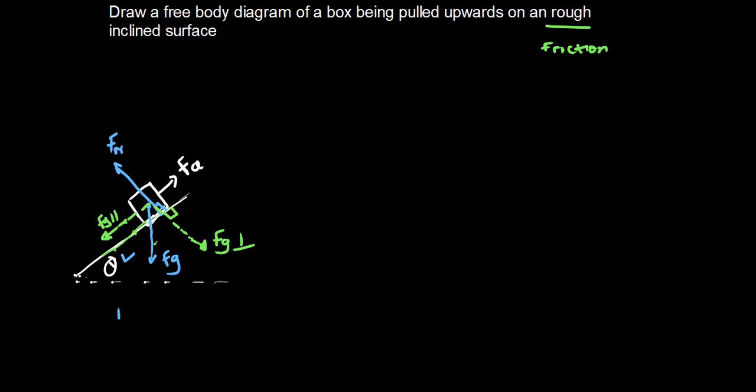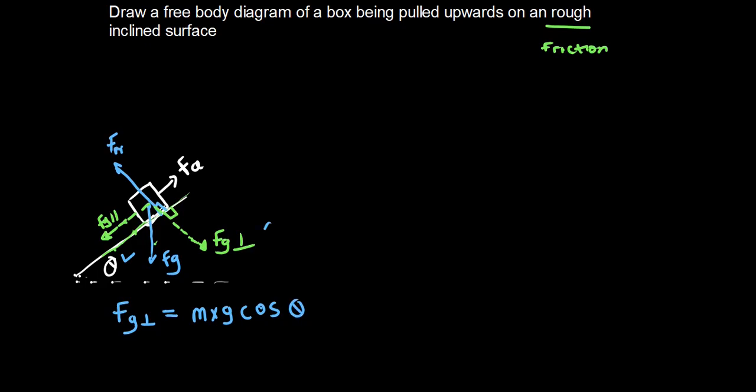Okay, so now these two forces that we have: the Fg perpendicular is always equal to mass multiplied by the acceleration due to gravity, cos of theta.